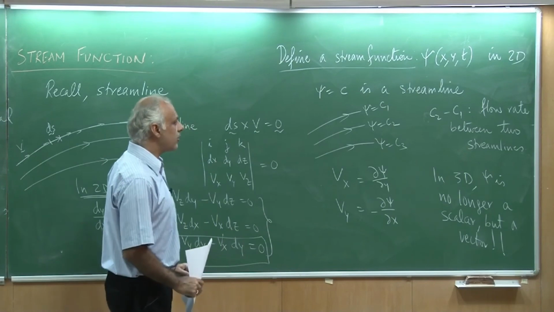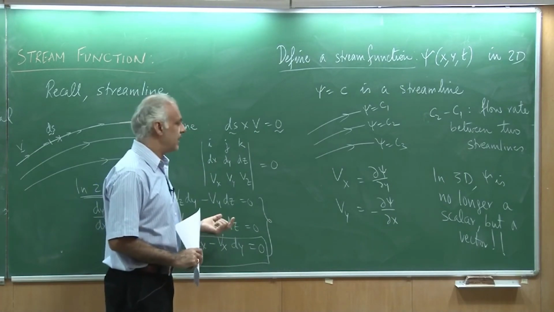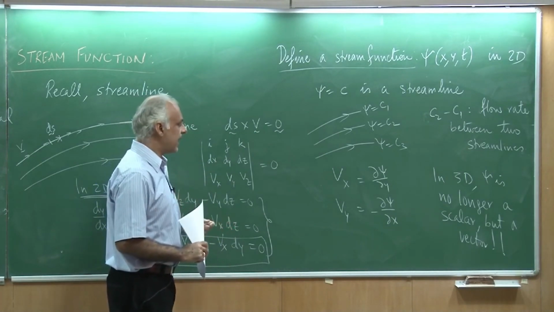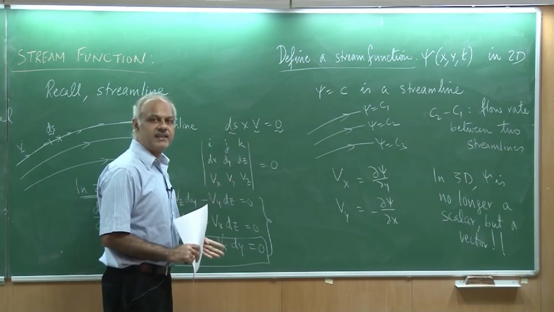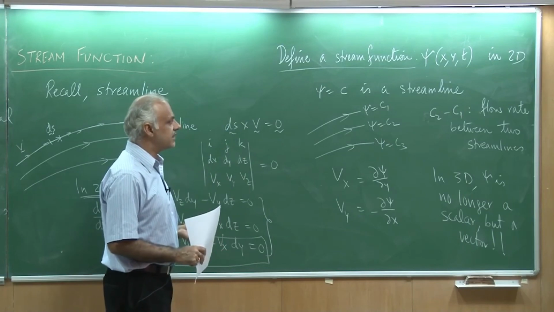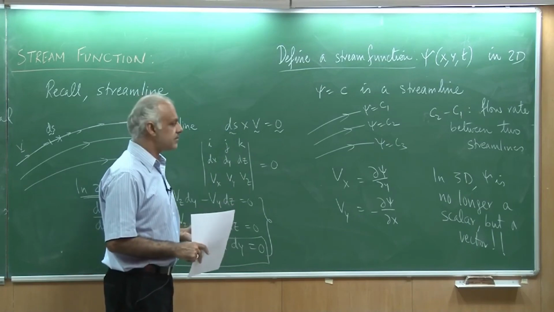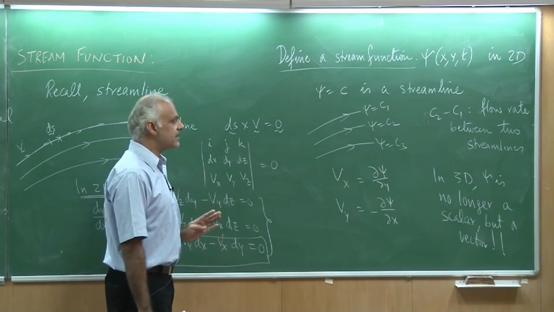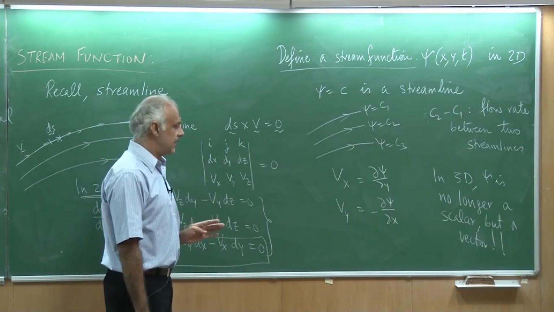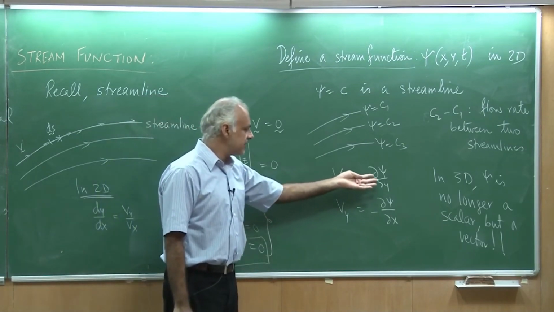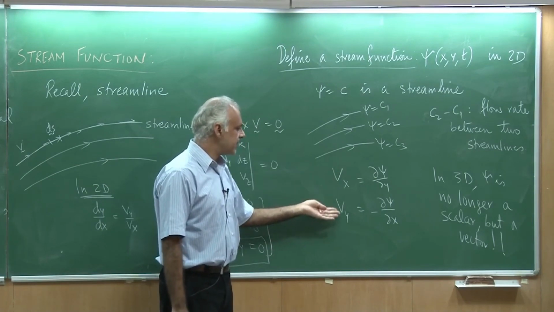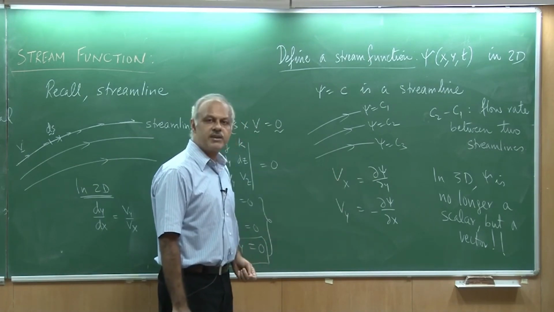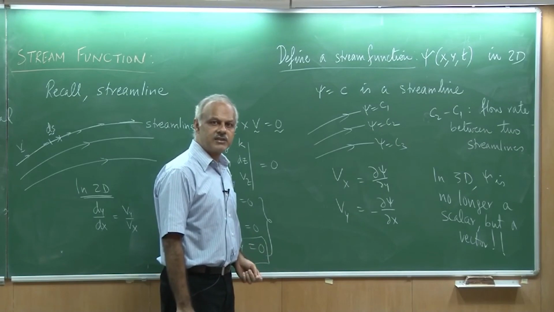But we can also talk about a stream function, and here we have not invoked anything about rotationality. A stream function would exist for all kinds of flows. However, if we restrict ourselves to 2 dimensions, then we can define a stream function psi and get the velocity field Vx and Vy by taking simply the spatial derivatives of this stream function.